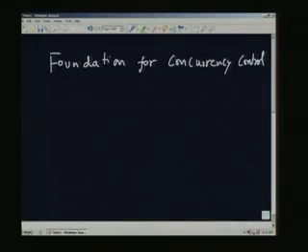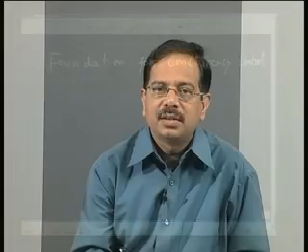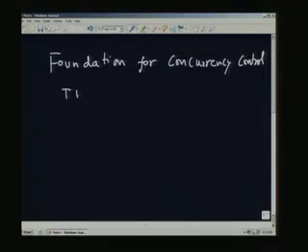Foundations for concurrency control. In particular, what we did was we looked at the problem of serializability. When transactions are executing concurrently, for example, there are a set of transactions and all these transactions are executing concurrently.